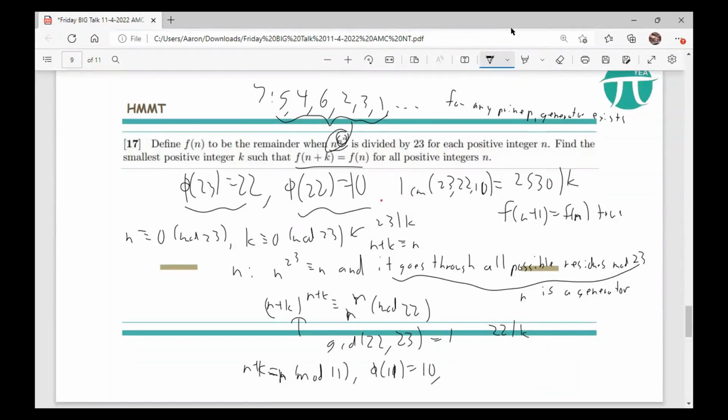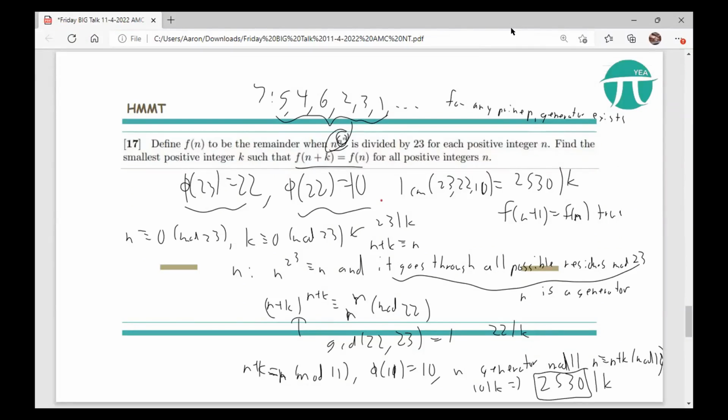Then we can make n a generator mod 11. And so n is congruent to n plus k mod 10, and that means that 10 divides k as well. And so overall, that should mean that 2,530 divides k.